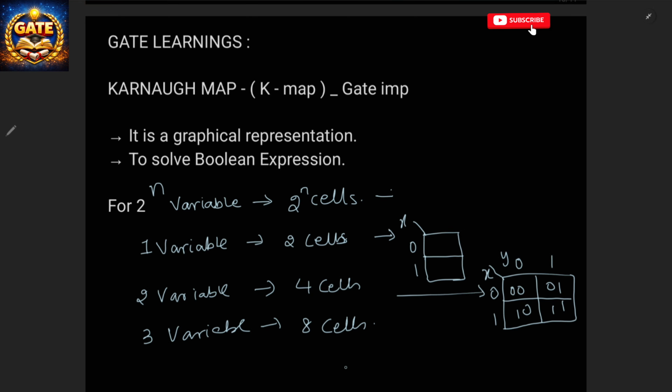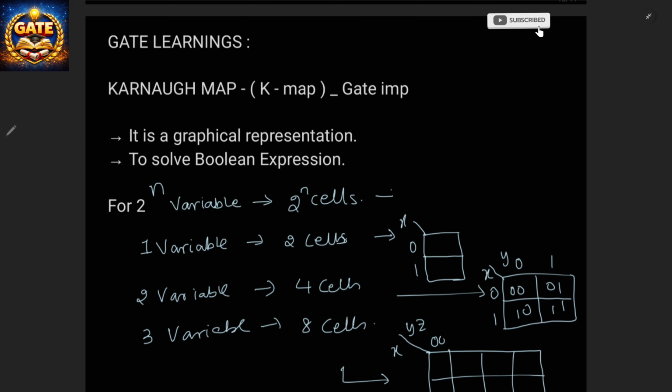Similarly for 8 cells, three variables, X, Y, Z: 0 0 0, 0 0 1, 0 1 1, 0 1 0, 1 1 0, and so on. So you need to present it like this.